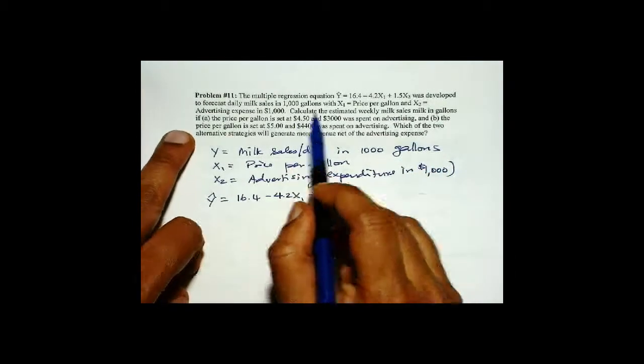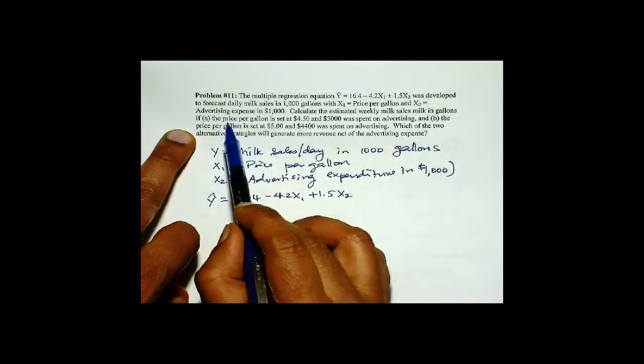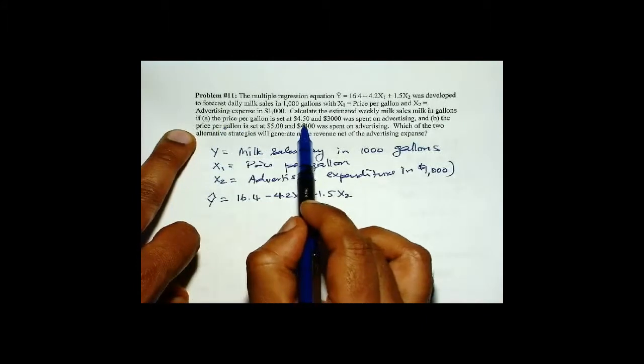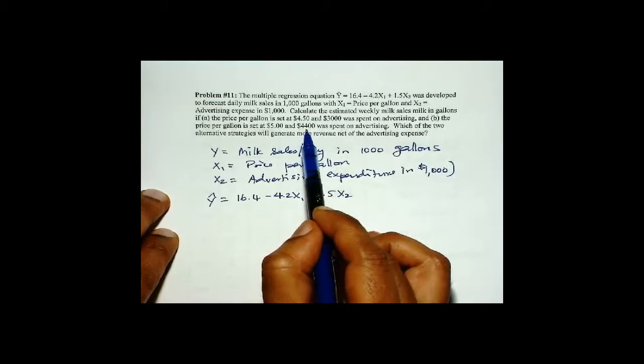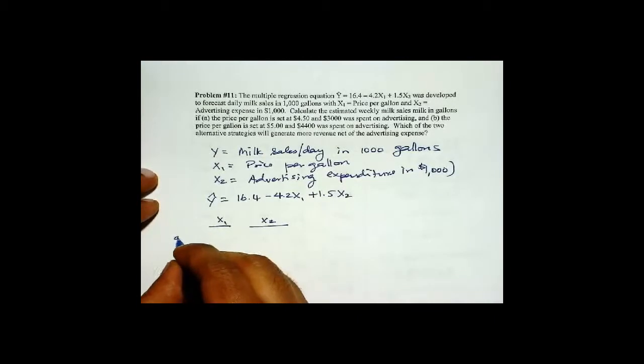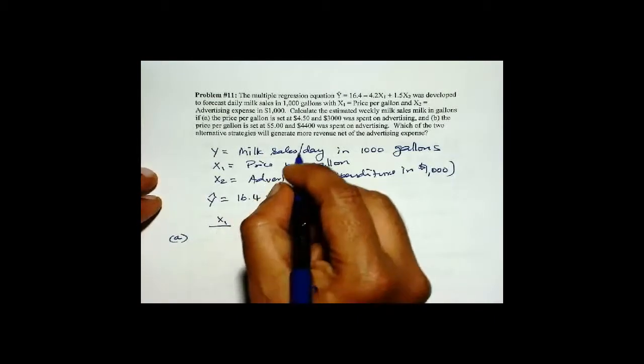Now we want to estimate forecast. We want to forecast sales for a price of $4.50 and $3,000 spent on advertising, and a second scenario where $5 is set as price and $4,400 spent on advertising. So we have x sub 1 and x sub 2. For scenario A, x sub 1 is $4.50.